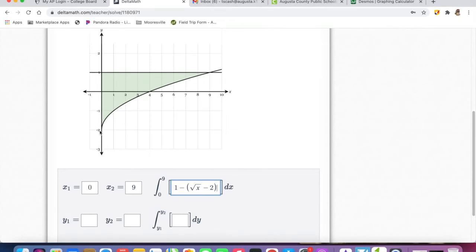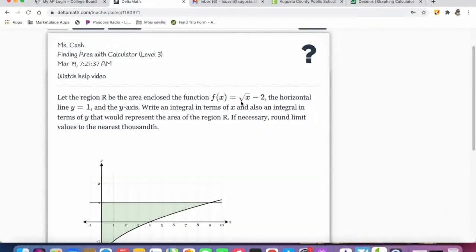Okay, so our boundaries, our y values, where these things intersect, go from -2 to 1. Okay, so this is -2 to 1. And then here, this is the top function, but the problem with that is it has to be in terms of y. We have to solve this thing and get x by itself.